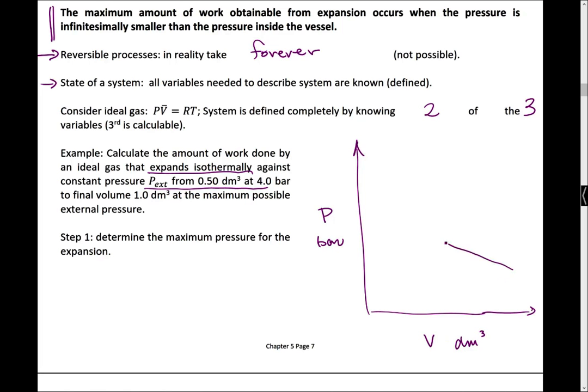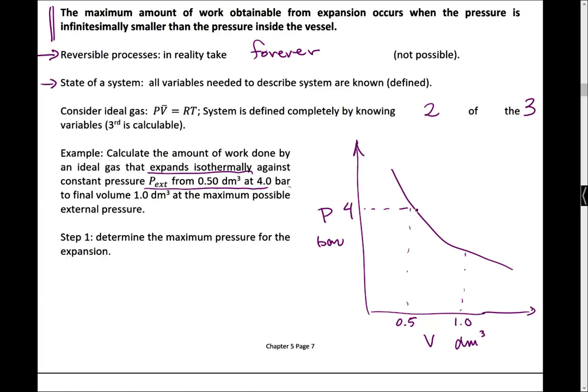I'm just going to draw on a generic isotherm, which doesn't look all that good. All right, so we're going to start from 0.5 decimeters cubed. We're going to end up at 1 decimeter cubed. What we're told is we're initially at 4 bar. Right.